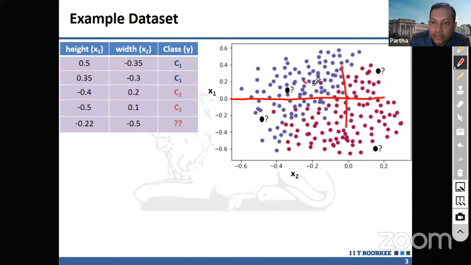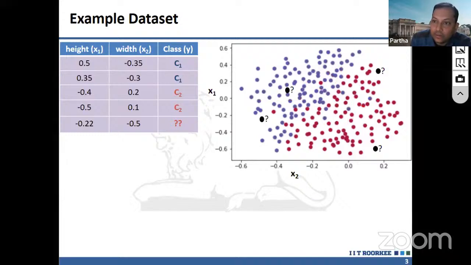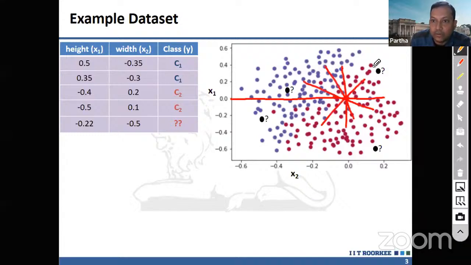I cannot make this line go beyond the origin or drift it from the origin. This is the reason we are adding the bias. If we do not have bias, the separator y = w1x1 + w2x2 will always pass through the origin. This is one of the reasons.